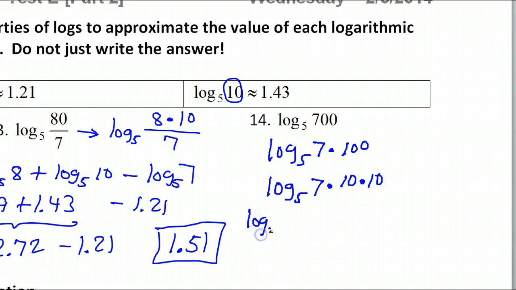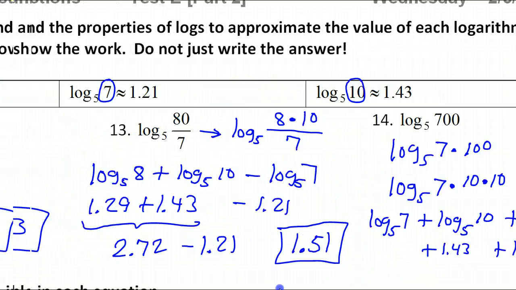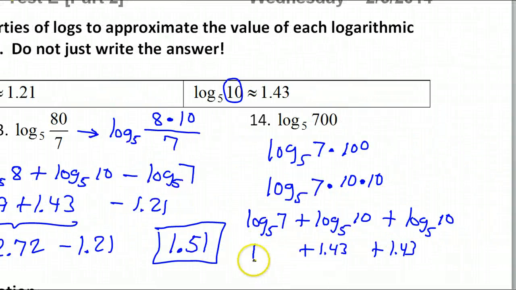So I will have log base 5 of 7 plus log base 5 of 10 plus log base 5 of 10. Well, log base 5 of 10 is 1.43, so I've got plus 1.43 plus 1.43. Log base 5 of 7 is 1.21. Got to add it all up.